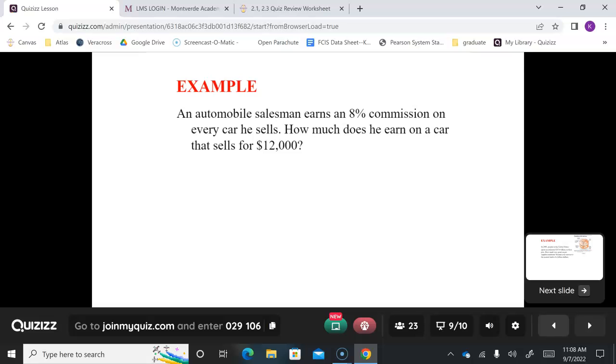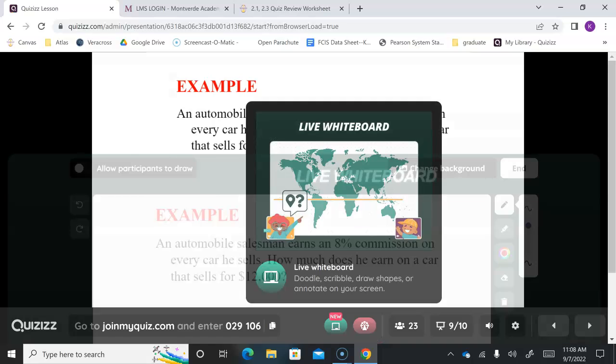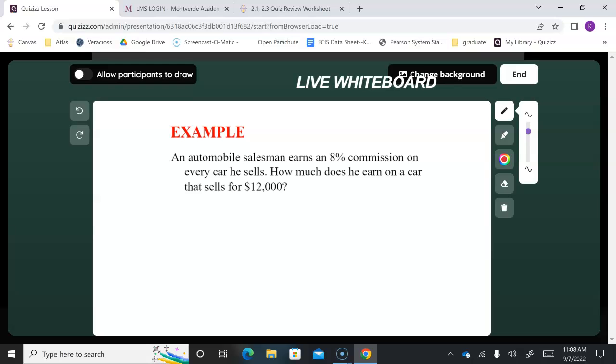Commission's pretty straightforward. A salesman earns a commission of 8% on every car he sells. He sells one that's $12,000. How do I find 8% of $12,000? We're going to multiply 0.08 times 12,000.